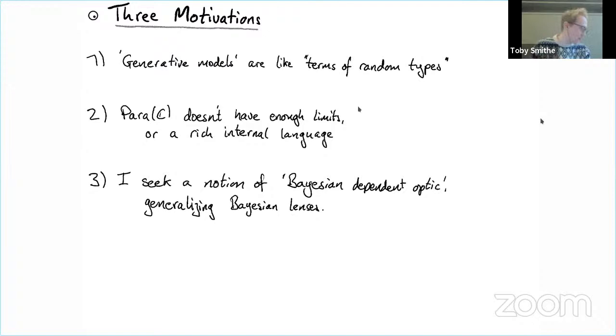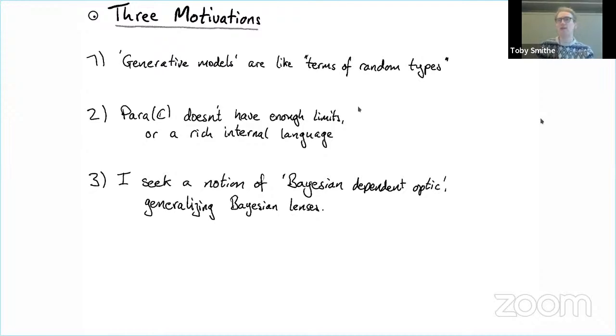But the trouble is there's not enough objects, in a way that I'll explain, in these para categories, these parameterized categories, as they're standardly introduced. And so we can't do things that we might want to do, like form limits in, say, power of C, or talk about types in a satisfactory way, in particular dependent types.